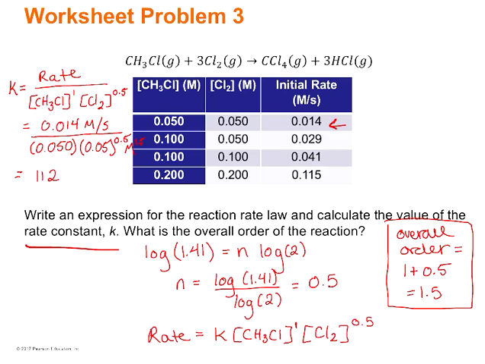So we'll end up with M to the negative 0.5 and s to the negative 1. So remember I told you the units for rate constants can be pretty tricky, and as you can see here, it's a little strange, but that is how that would work out.